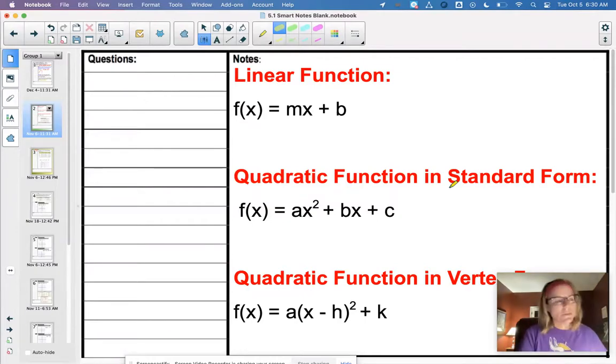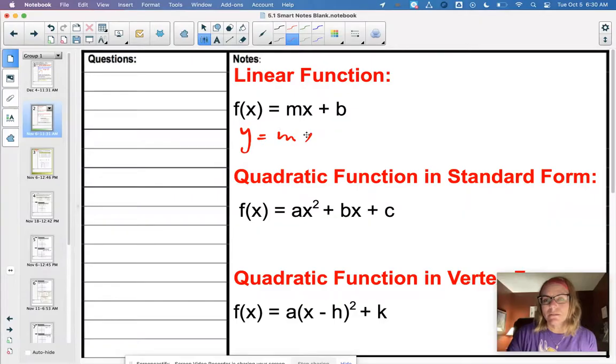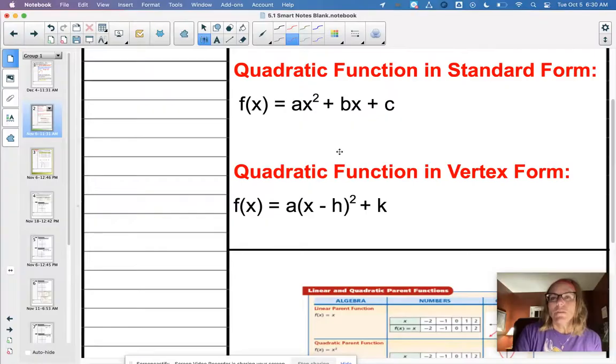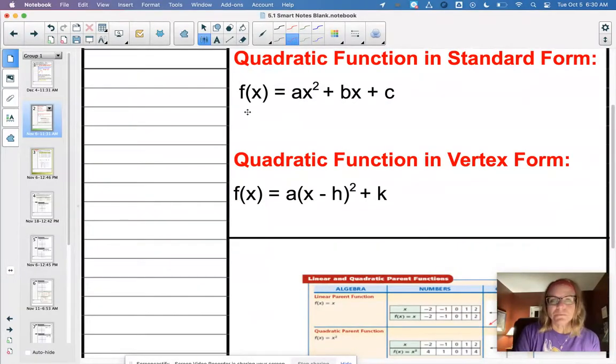So on this page, we talk about the equations for linear, quadratic in standard form, and quadratic in vertex form. Well, linear functions we're very familiar with. f of x equals mx plus b. Quadratic function in standard form, f of x equals ax squared plus bx plus c.